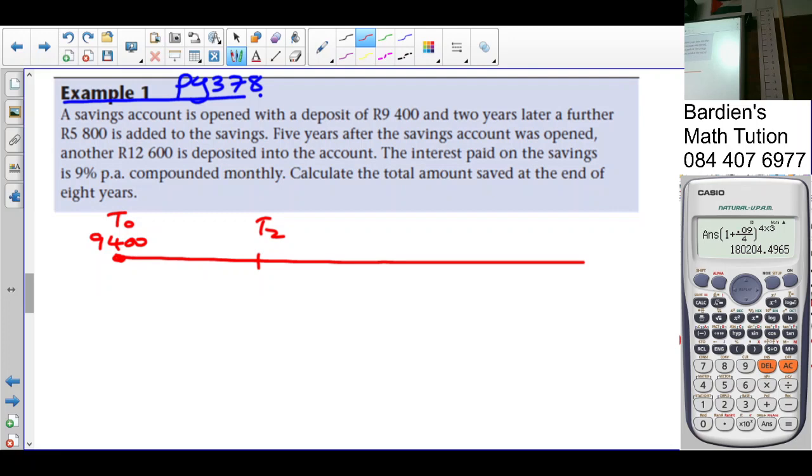A further 5,800 Rand is added to the savings account. So what do I say there? Plus 5,800. You all agree with that? Okay. 5 years after the savings account was opened, another 12,600 Rand is added. Now enter that on your line.